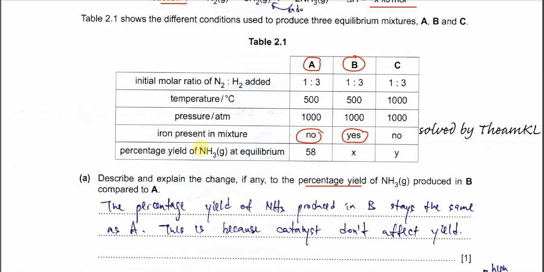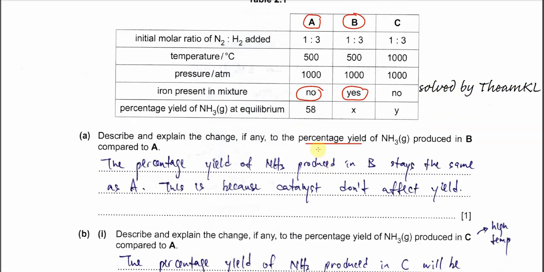In the Haber process, we know that iron is a catalyst. Equilibrium mixture A has no catalyst. B has a catalyst. So now, part A is asking about the percentage yield of the product.